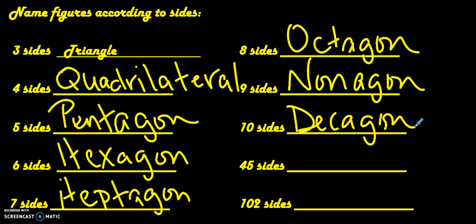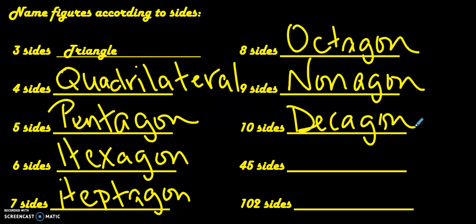And if you want a couple of bonus points, if you're watching this and you want to take the time to look up what the actual technical name of a 45-sided polygon is and a 102-sided polygon, you can put that information onto something and bring it to me in class tomorrow. Turn it in for a few extra bonus points.